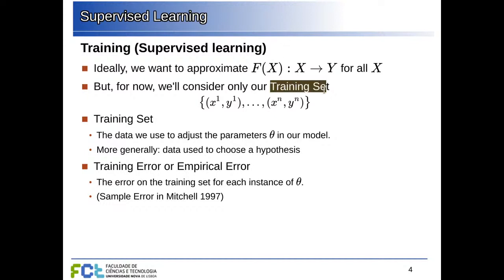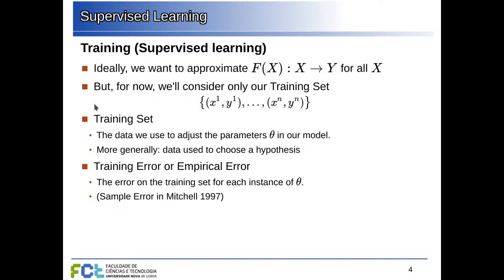So the training set is a set of examples we use to give experience to our learner so that it can improve its task. So we will see next week how we can work with our data so that we can have an estimate of how well our system will perform outside the training set. But for now, we're going to look just at our training set, and we're just going to consider the error, the difference between the predictions and the target values within our training set.